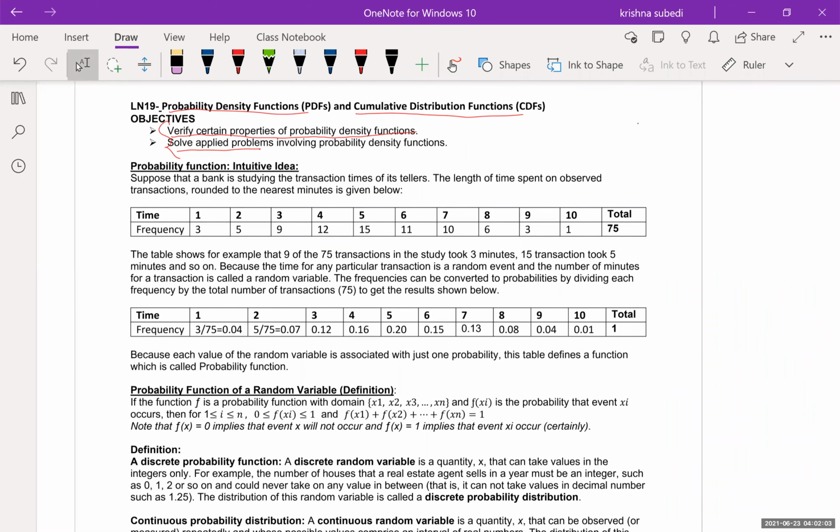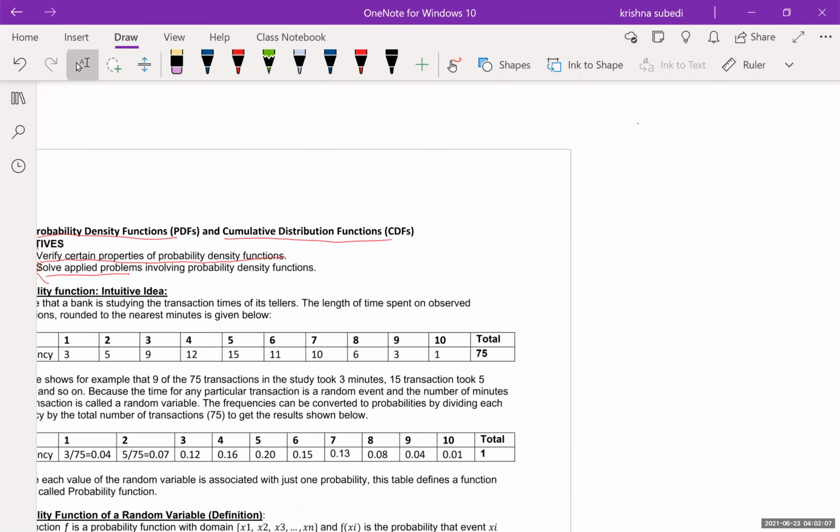First of all, recall from your middle school or high school the basic formula for probability.